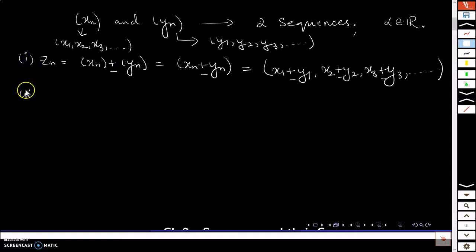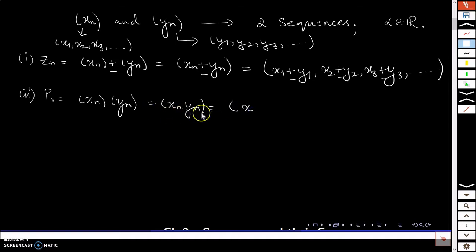Another way of doing this is you can multiply these two sequences. I took zn here, let me take some other notation, pn, and you define pn to be the product of these two sequences, and that is defined to be the product of the corresponding terms, and it is denoted by the sequence xn yn.